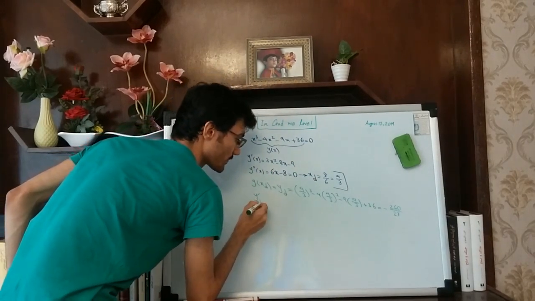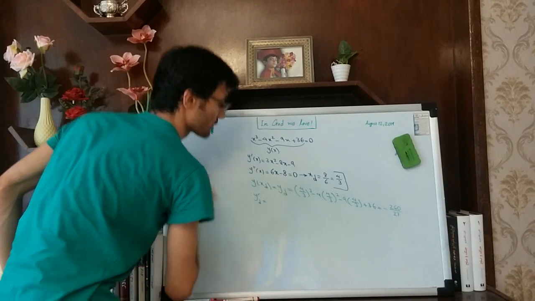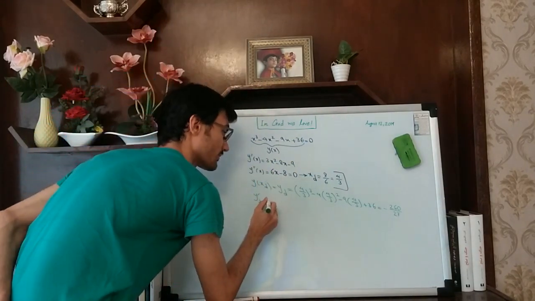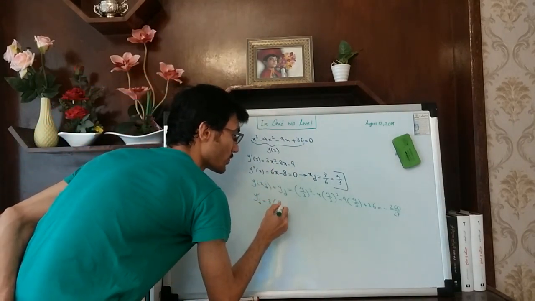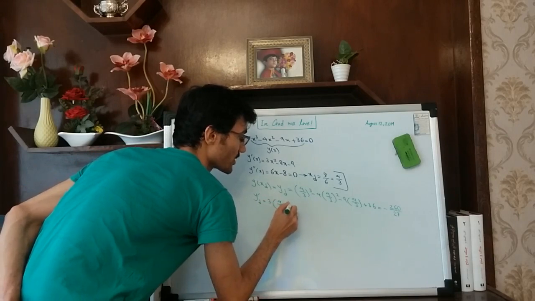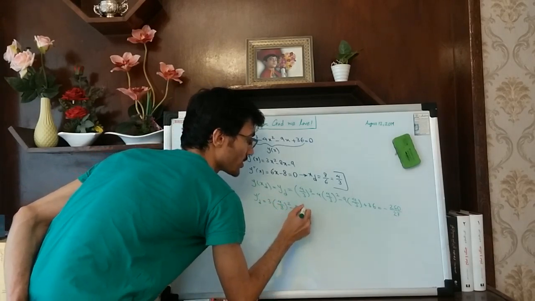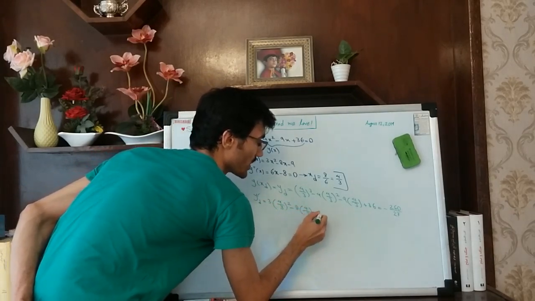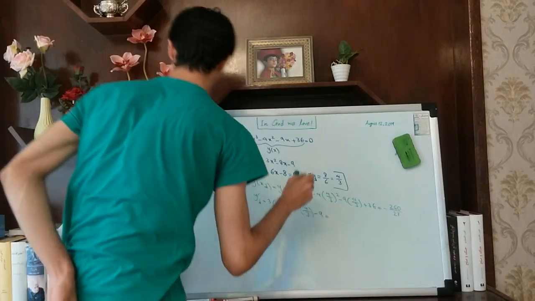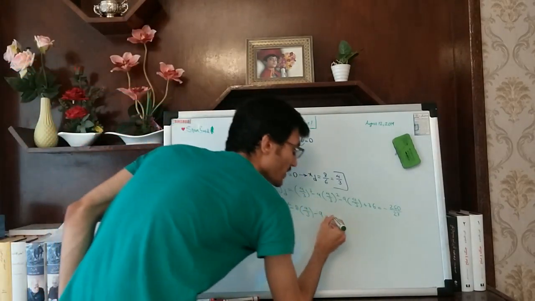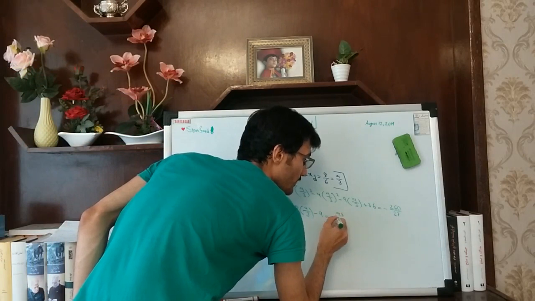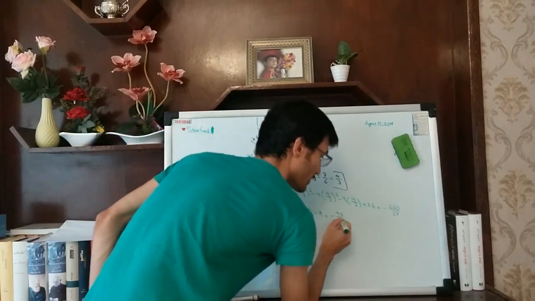Y prime d equals 3 times 4/3 squared minus 8 times 4/3 minus 9 equals negative 43 over 9.